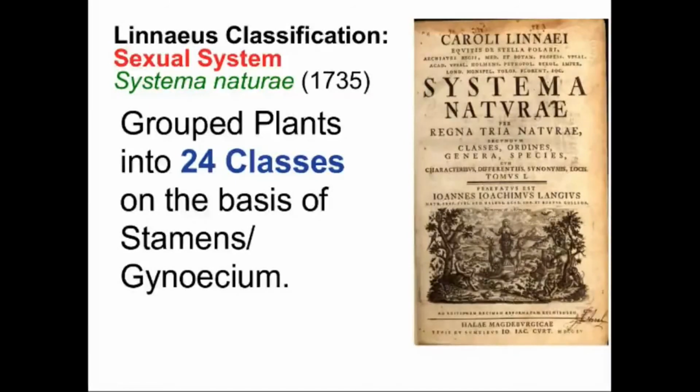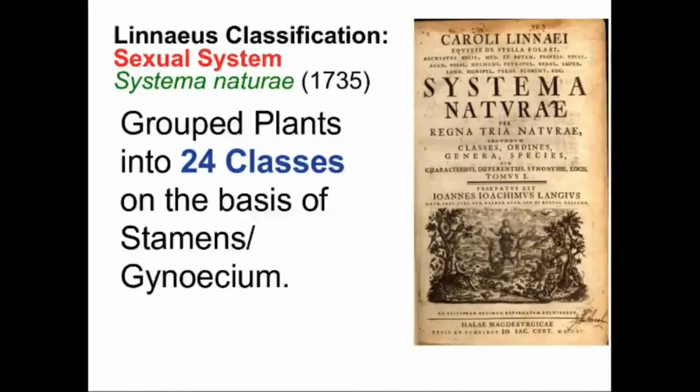During that time the classification of plants and animals was not developed much, and an artificial system of classification was used. Artificial system means classification based on one or two characters. Linnaeus adopted a classification scheme called the sexual system, based on the number of stamens and gynoecium, and he grouped the plants into 24 classes in Systema Naturae.